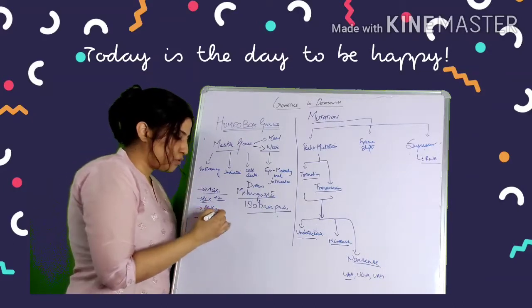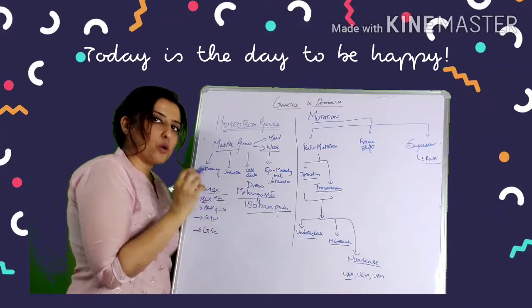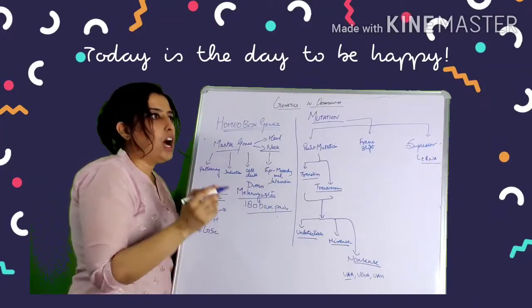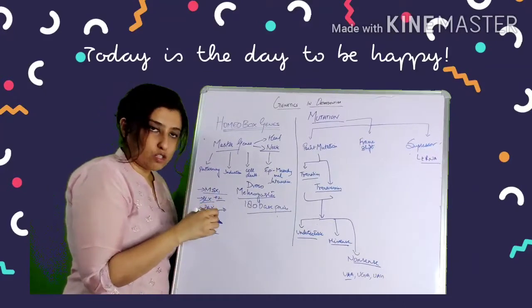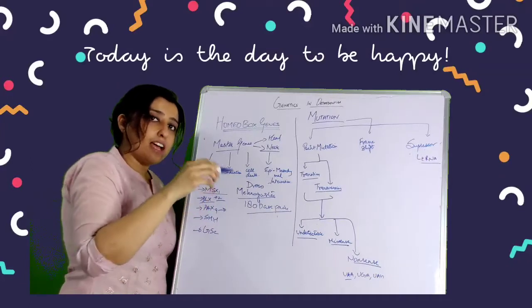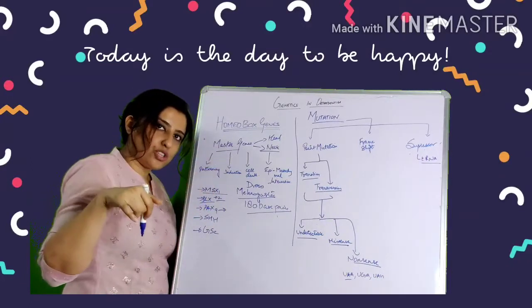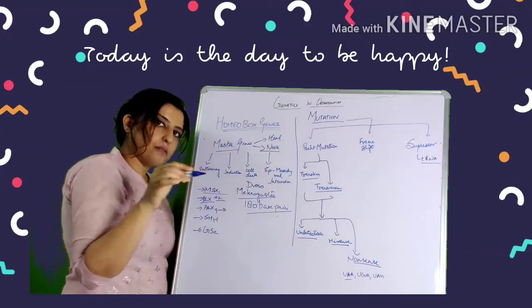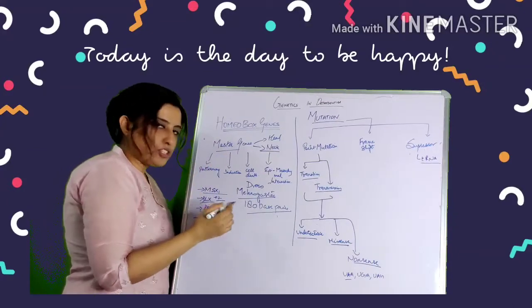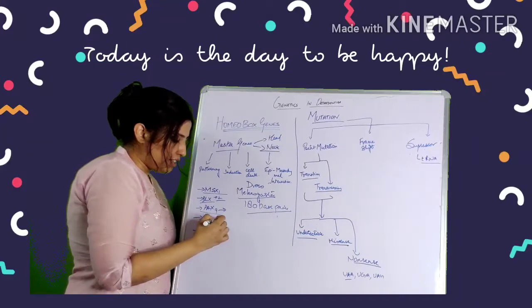PAX9 was associated with supernumerary tooth, ectopic tooth eruption, and then again missing tooth, because one character can be decided by many genes. One gene also can decide many characters. So this is polygenic, right?